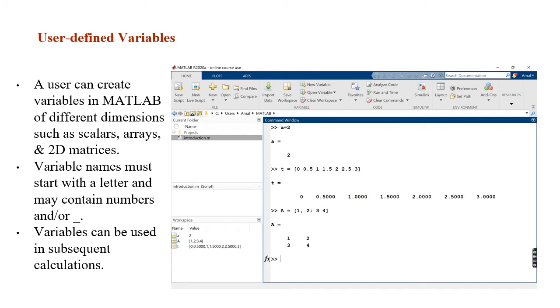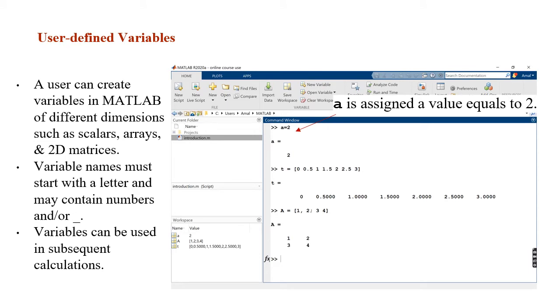In MATLAB, you can also have user-defined variables, and variable names must start with a letter, and they may contain numbers or an underscore. There are different types of variables, including a scalar, an array, or a matrix. Here, for example, A is assigned a value equals to 2.